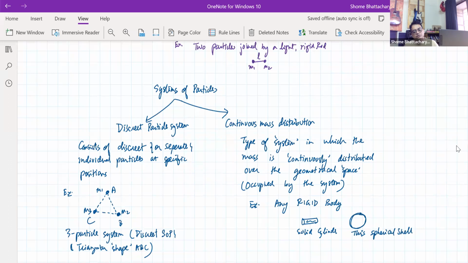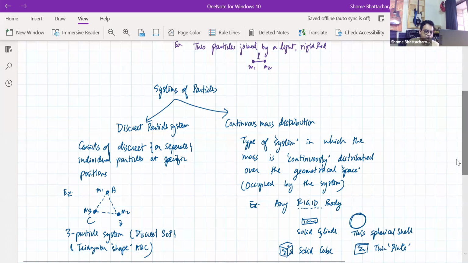It could be in the shape of a solid cube. Could be in the shape of a thin rectangular plate. Anything like this. So a rigid body of any shape is an example of a continuous mass distribution.